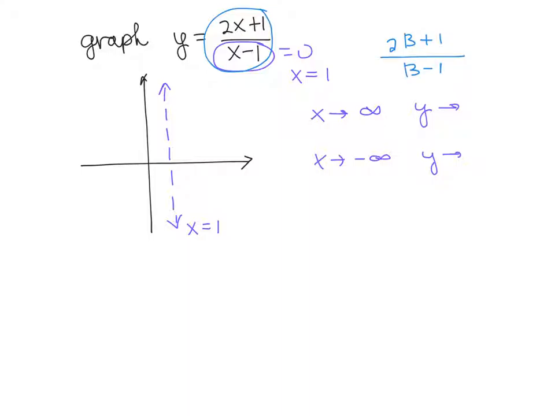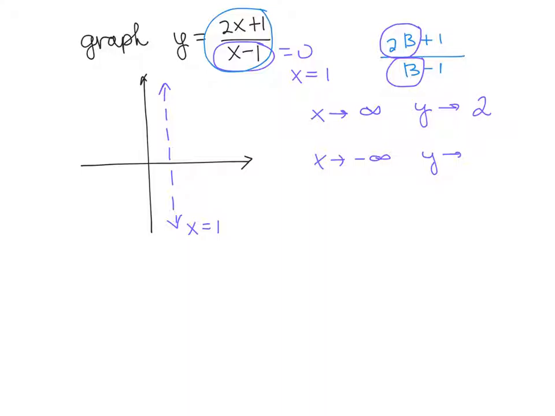If this really big number was 100 trillion thousand, that plus 1 and minus 1 is so small that it is negligible. It doesn't matter whether you're adding 1 or subtracting 1 if you have a really big number to start with. So what we end up doing is looking at 2 times a really big number divided by that big number. So it becomes 2. Therefore, as x approaches infinity, the y value is approaching 2.